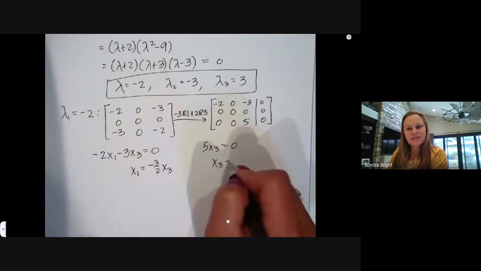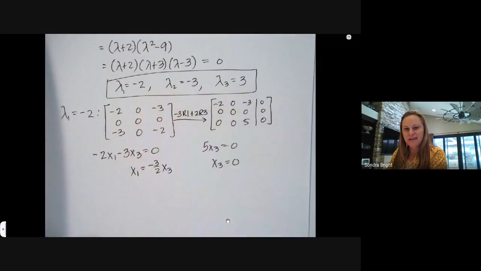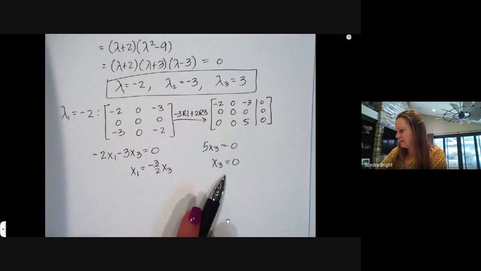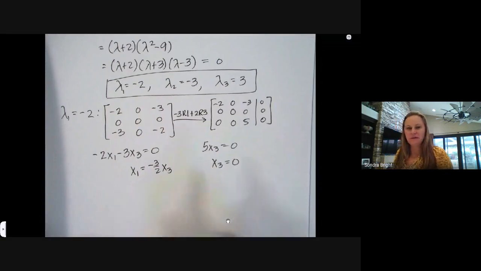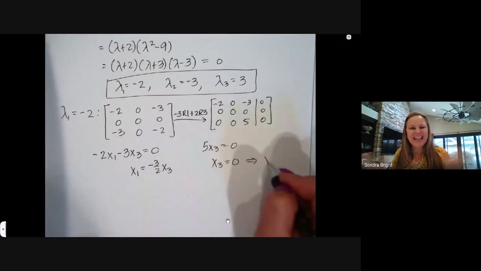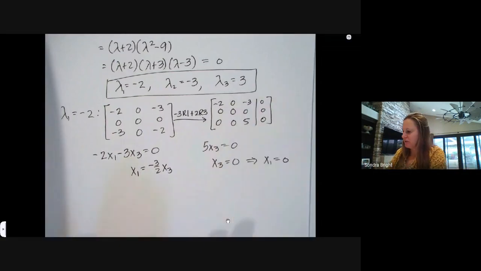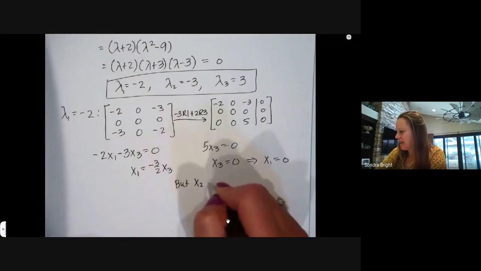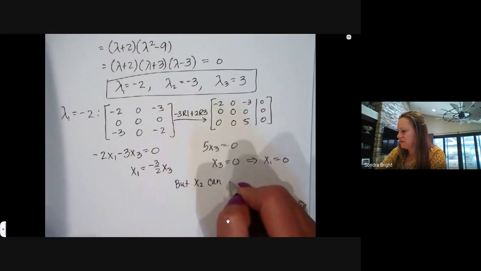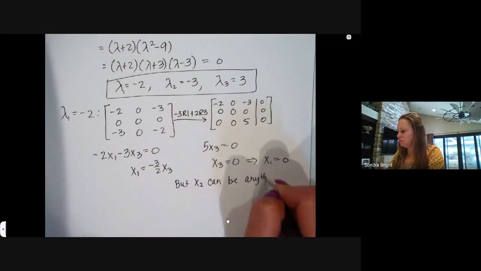But then if x3 is 0 on this one, the next one is also 0. But then it didn't give us any information about x2. There's no restrictions on x2. x2 can be anything.